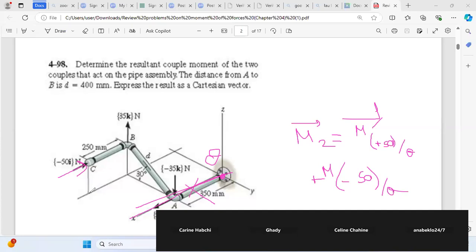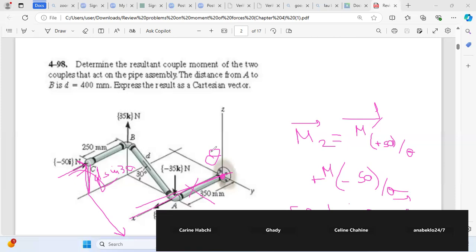The distance to the Y-axis is d sine 30. With the right-hand rule, your thumb will point in the negative direction. So you have minus 50 times d sine 30 along j.